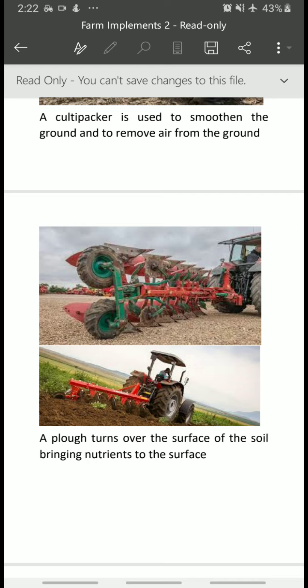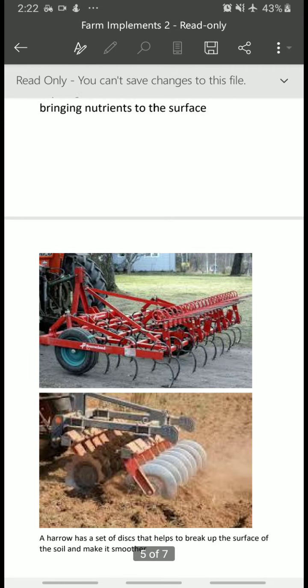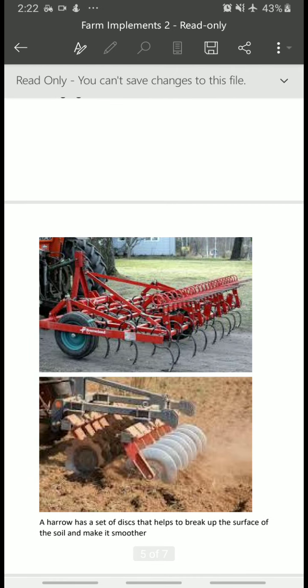We use it to turn the soil upside down because there are some nutrients inside the soil, and those nutrients will come up, and the seed that is planted will be able to use the nutrients. So the plow is used for turning over the surface of the soil so that the nutrients can come to the surface.